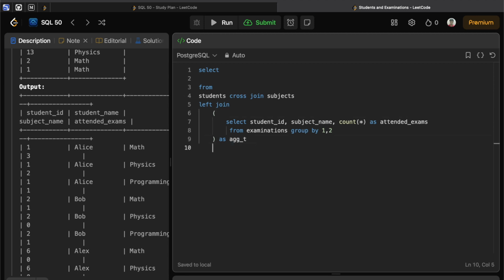Now that this is done, what is going to happen is that you have students and subjects cross joined and left joined with this, right? So we have to give the left join condition over here, which will be on student ID and subject name, right? So let me just do that quickly.